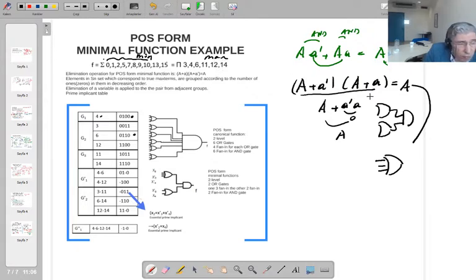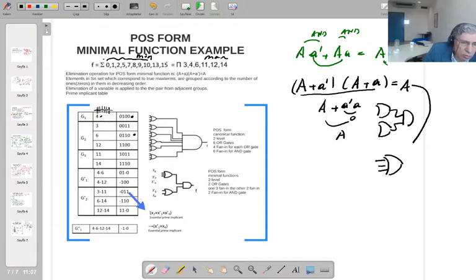Product of sum forms are related with the second canonical expansion. In the second canonical expansion, we consider the points where the function value is zero. So these are the numbers that tell us where the function becomes zero. That's why it is true max terms.